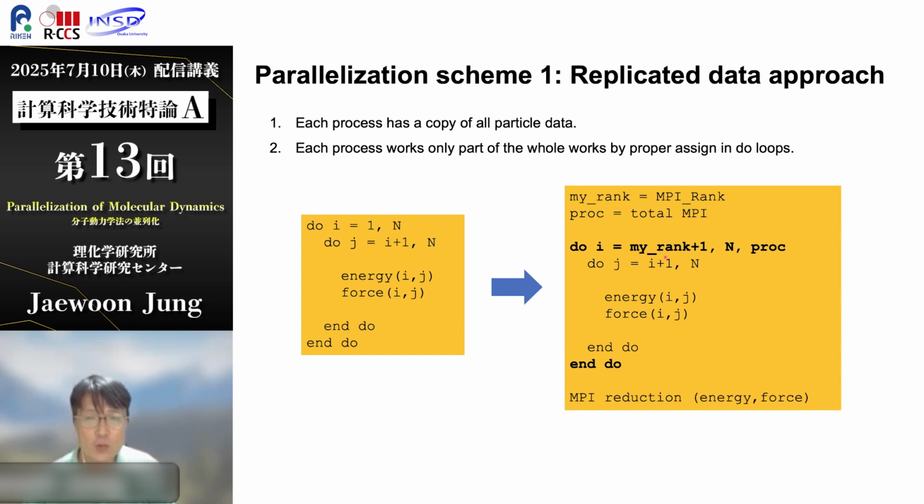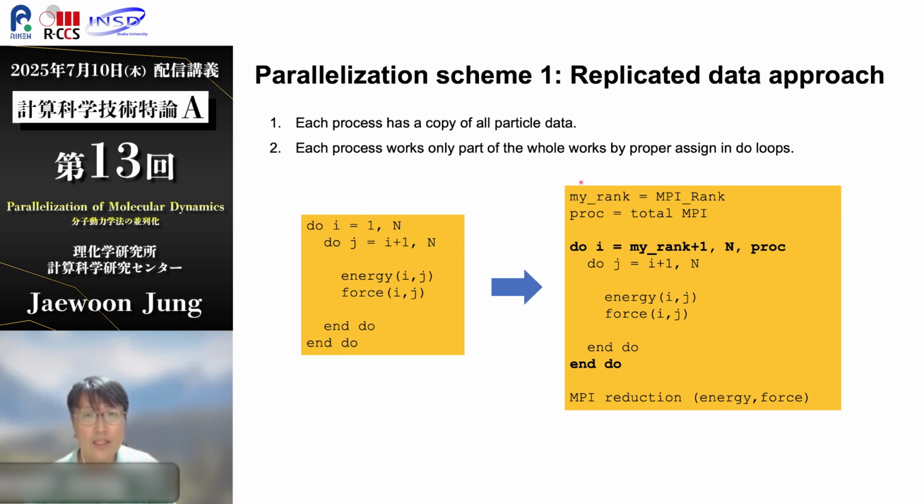So the next i index becomes 17, and they calculate between i equals 17 and all j. And the next one becomes 33. So the processor with myrank equals 0 calculates the i indices of 1, 17, 33, and so on.